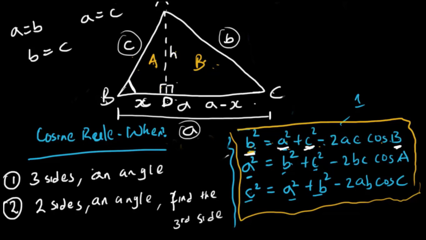Here we are told to find the angle. Here we are told to find the third side. So anytime we have these two situations, we can use cosine rule. So the first one is, we know three sides and we are told to find an angle. We know two sides and an angle and we are told to find the third side. Do you understand this?